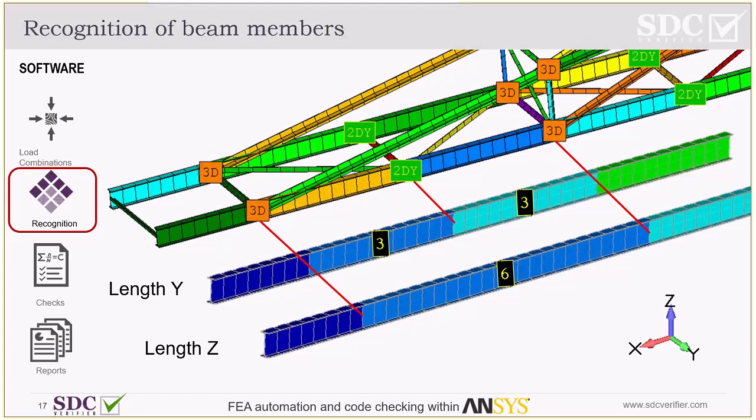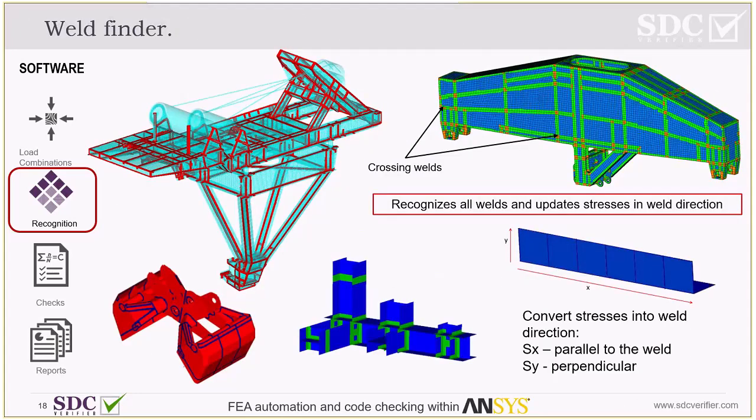This is very important for beam buckling. We can also recognize welds completely automatically and convert the stresses into the weld direction, which lets us see the stresses parallel and perpendicular to the weld. This is important for the weld strength check.